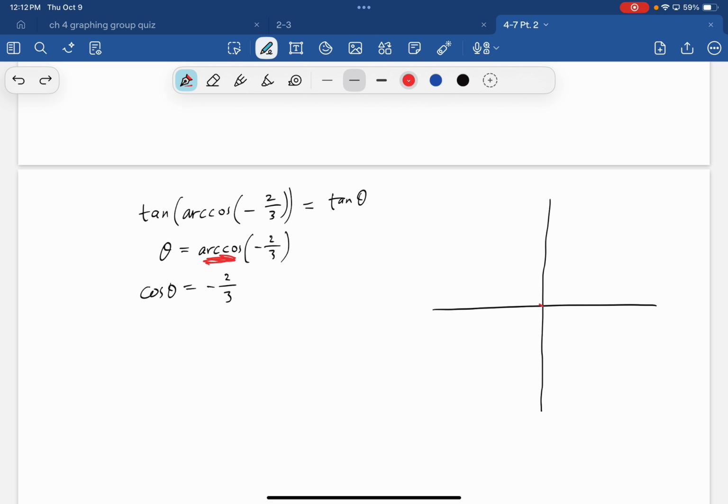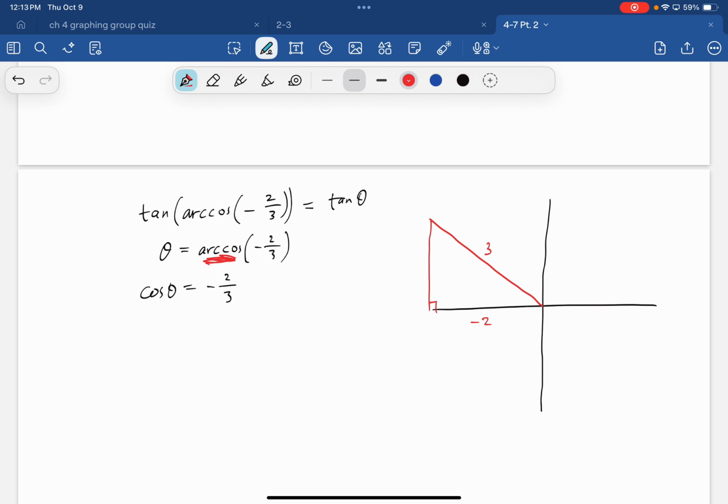Okay? So theta has to be here because that's within the range of arc cosine, and that gives us a negative cosine value. And if cosine theta is minus 2/3, then this length is minus 2, and this length is 3. All right, hypotenuse is always positive. So what is the remaining length?